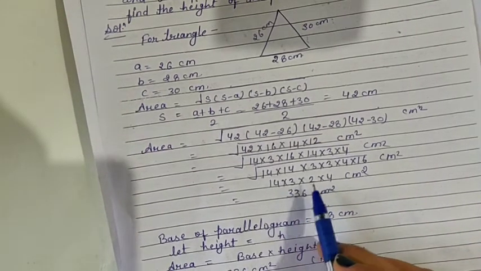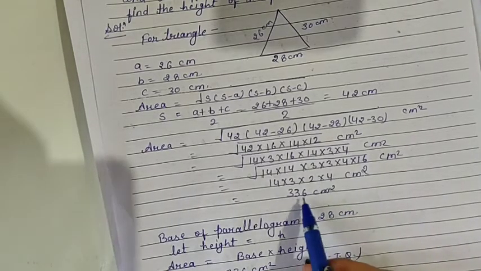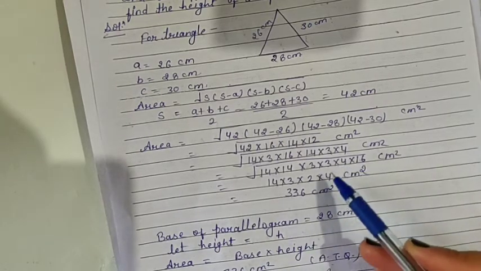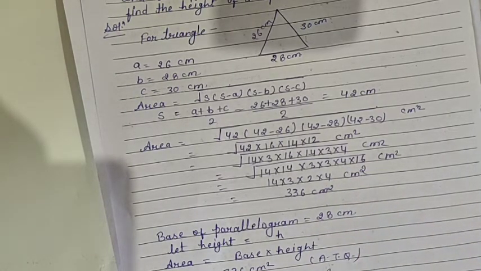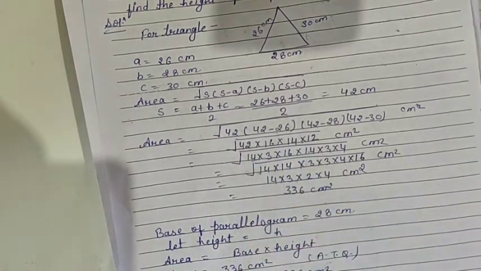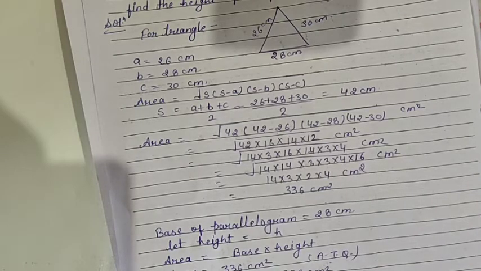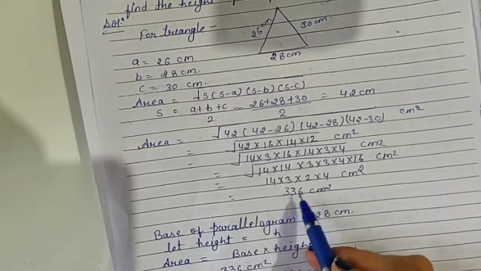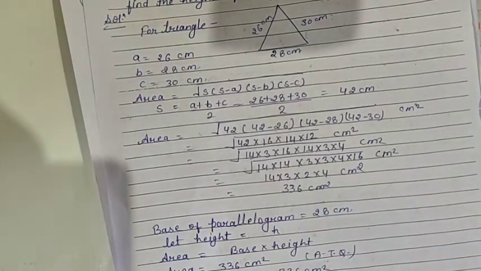So 14 into 3 into 2 into 4, and that is equal to 336 centimeter square. This is a simple way to find its square root. You can find its square root in your own way. Firstly, multiply all these quantities and then find its square root. Then you find area of this triangle equals 336 centimeter square.